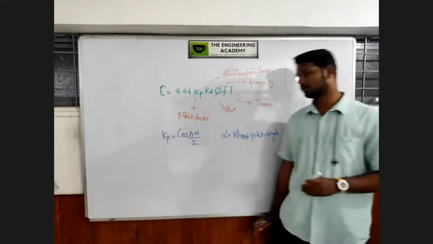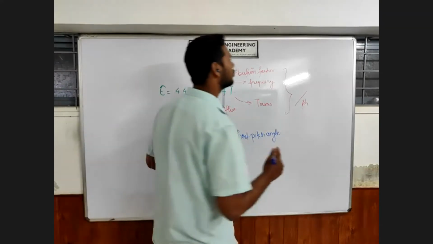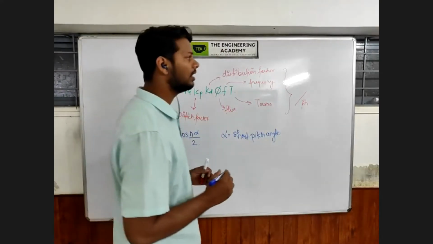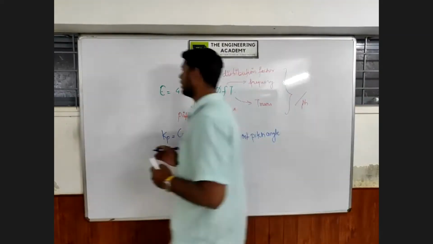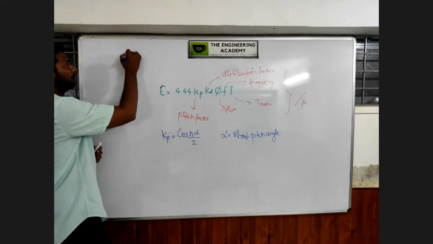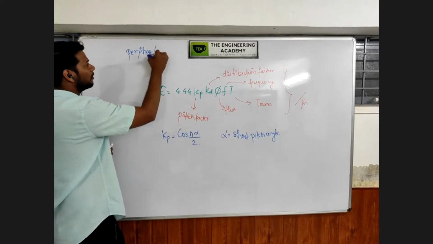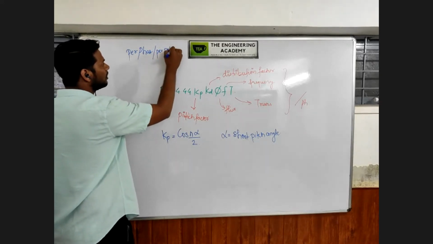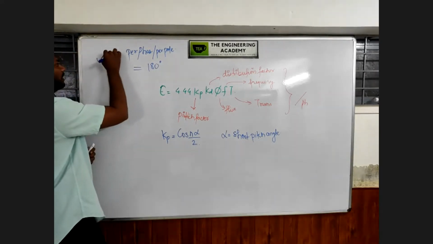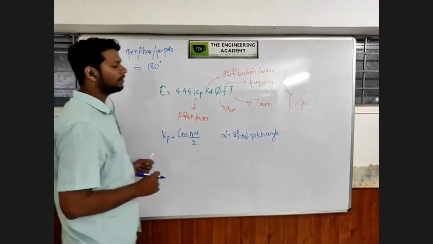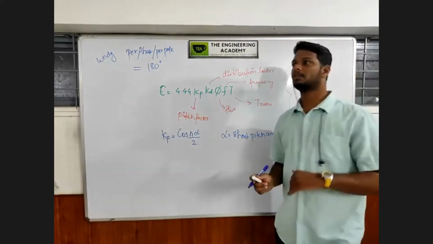What does it mean? In a synchronous machine, the winding is distributed over 180 degrees per phase per pole.